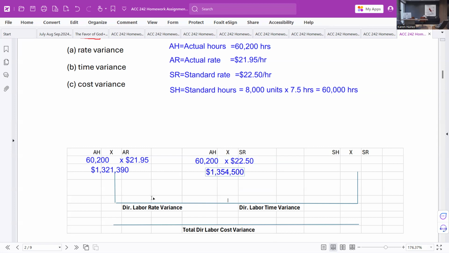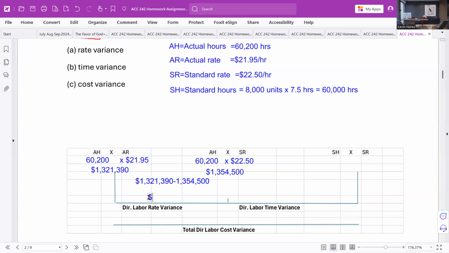And for the rate variance, we subtract the 1,321,390 minus the 1,354,500.